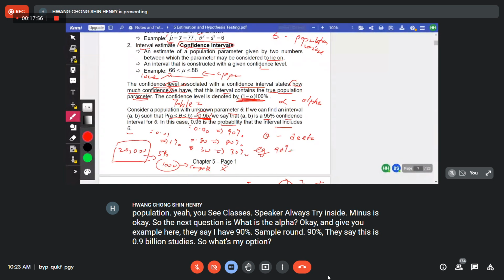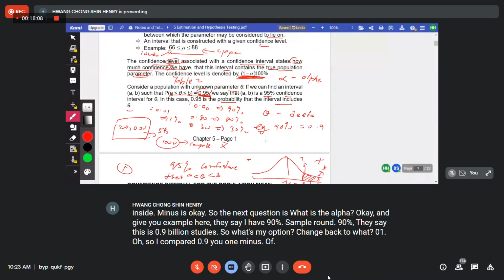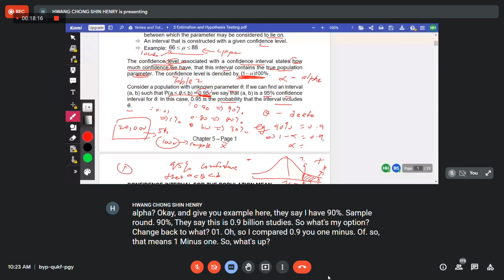I change 90% back to 0.9, right? So I compare 0.9 with 1 minus alpha. So that means 1 minus alpha should equal 0.9. So what's my alpha? 1 minus 0.9 is 0.1.